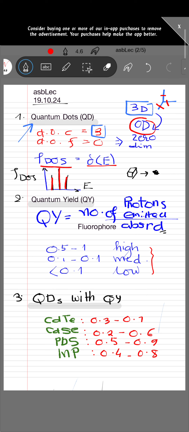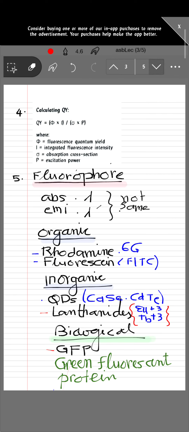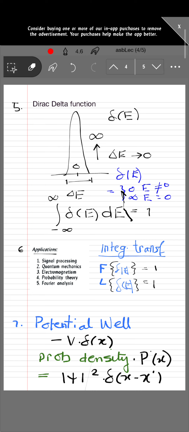Now what is the Dirac delta function? The Dirac delta function is a function characterized by an infinite intensity at E equal to 0. However, apart from that, the value of the Dirac delta function is 0.